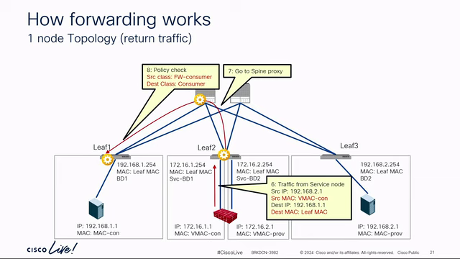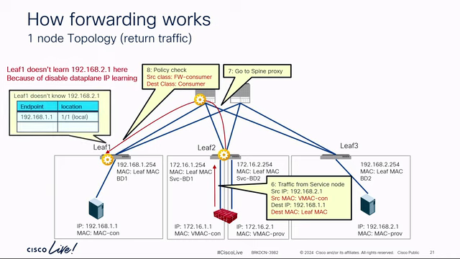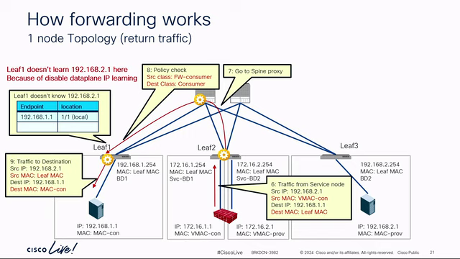Here we don't redirect the traffic again because this is from firewall consumer to consumer. Again, we don't learn 2.1 from leaf 2 because this is after PBR. And then finally, traffic is coming back to 1.1 consumer. So this is end-to-end traffic behavior, including PBR.